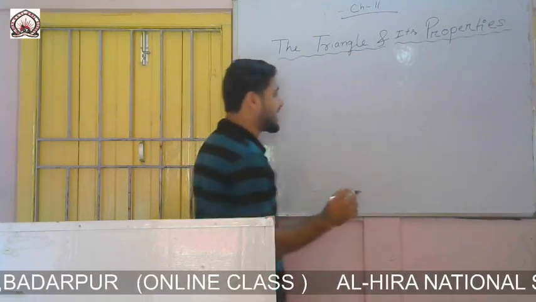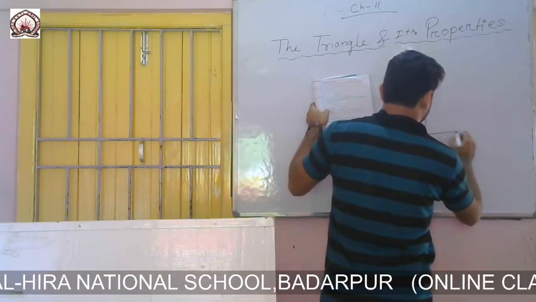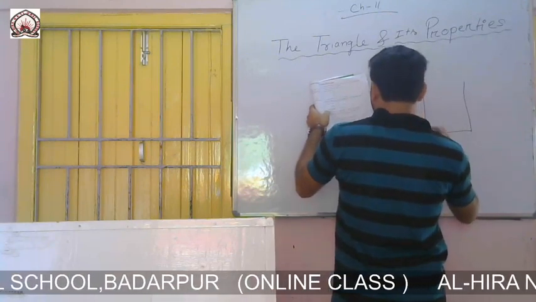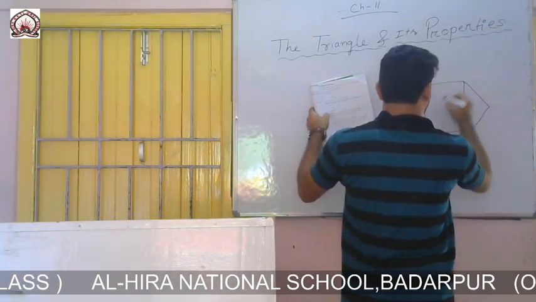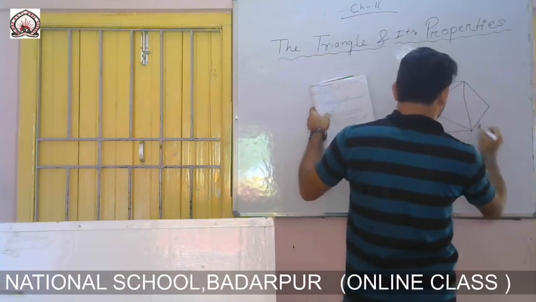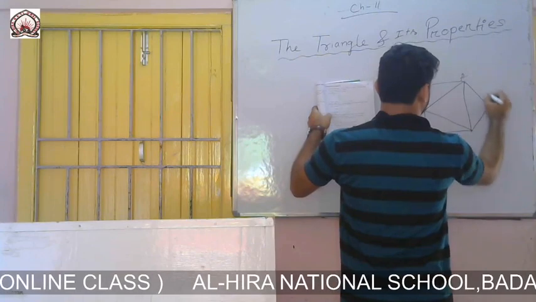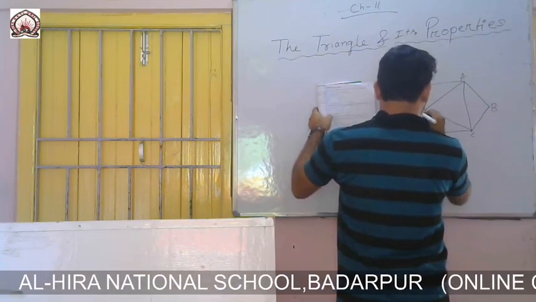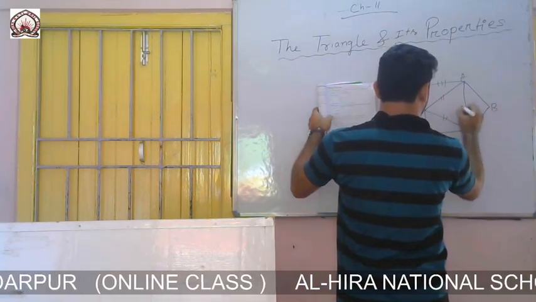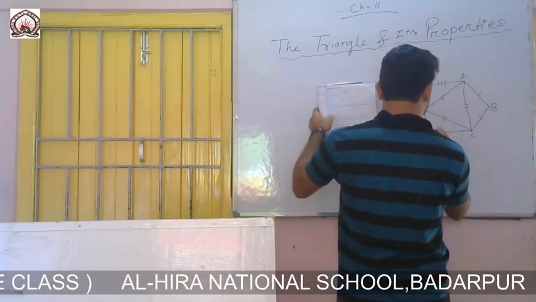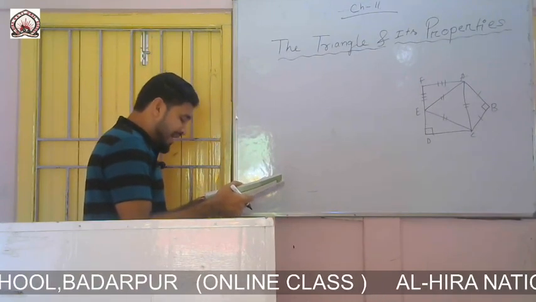So let me draw the diagram. So from the triangle you can see we have to find question number 1, Roman 1, isosceles triangle.